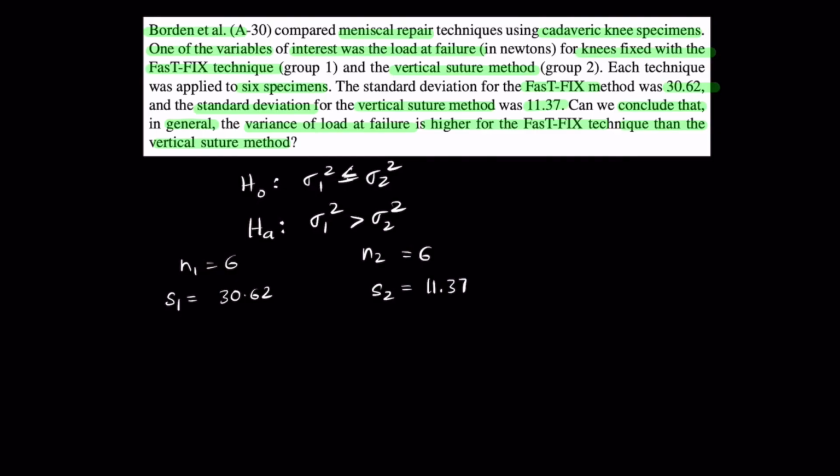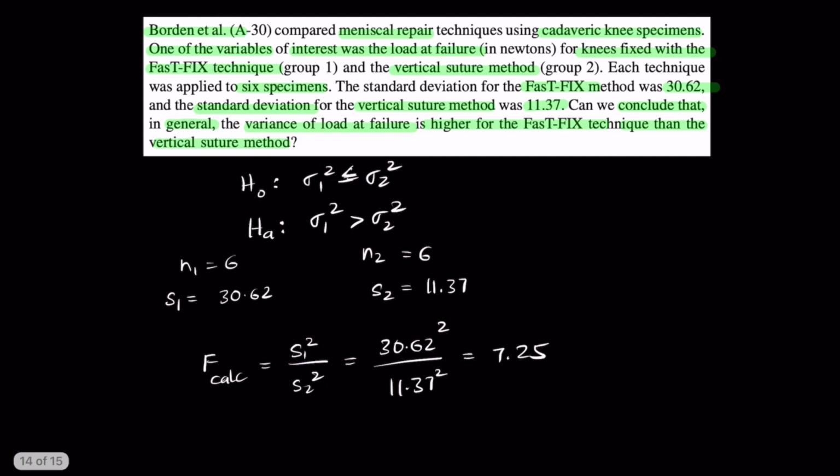So for N1 and N2 we have the values, and for S1 and S2 we have the values. Let's take the F calculated, which is going to be S1 square by S2 square. That is 30.62 square divided by 11.37 square, so the value is going to be 7.25. This is the calculated value of F, which is 7.25.